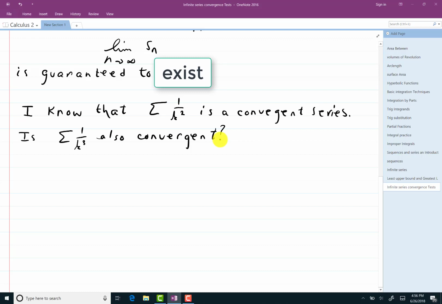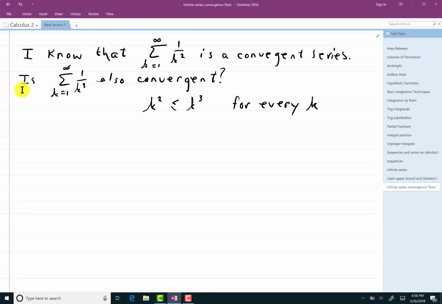If k is any whole number, say these start at 1, so let me go k equals 1 to infinity, well, isn't it true that k squared is less than or equal to k cubed for every k? Since that's true, and they're positive too, I'm talking about k being 1 to infinity, k is always a positive number. That means that 1 over k cubed is less than or equal to 1 over k squared for every k.